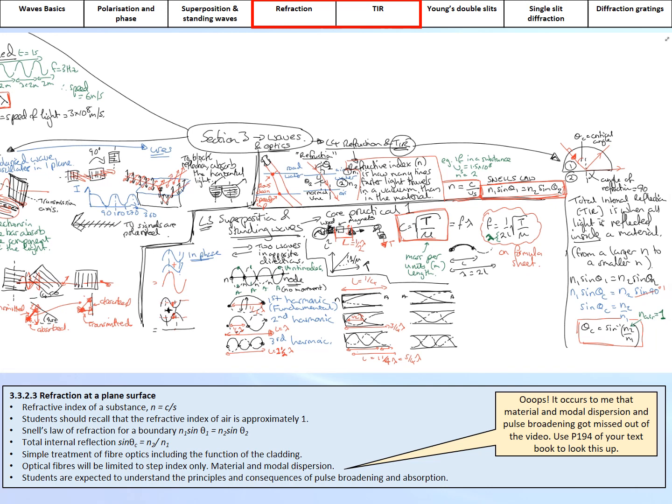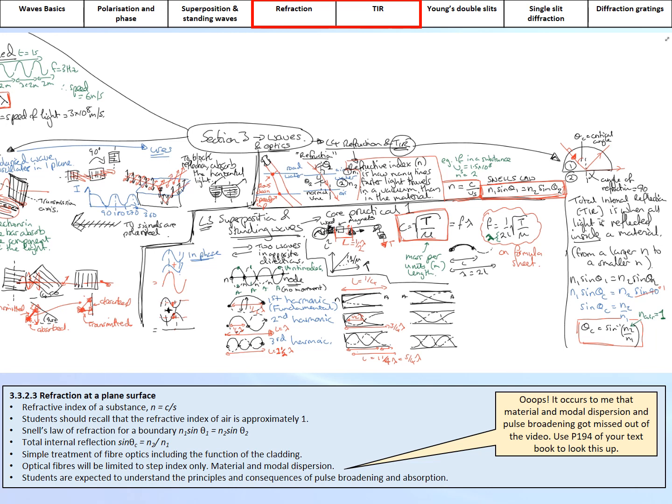Now that is on the formula sheet, but if you work it out from first principles, then you have a really good understanding of what's going on, and you won't get n2 and n1 the wrong way round. They might ask you whether or not something does totally internally reflect, or they might ask you if something passes through and refracts. And sometimes if you get an error, that means it is totally internally reflected. But it might just mean you made a mistake. So you have to be really, really careful with which way round these things are.